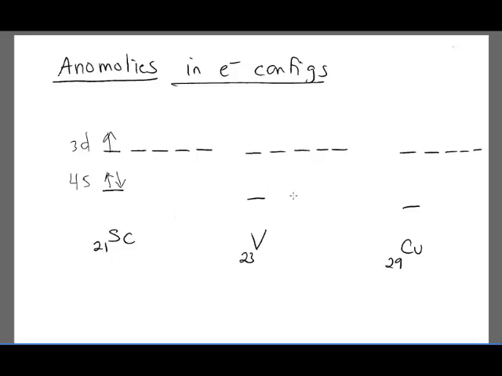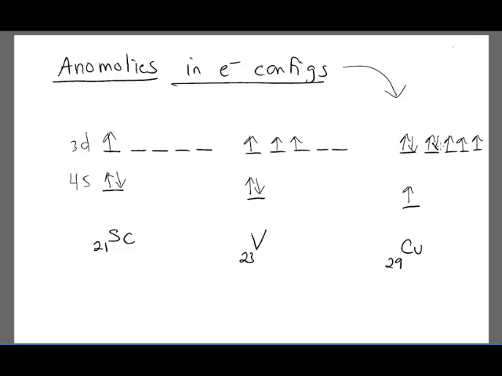Okay, but vanadium also follows it. It has 5 electrons left at this point. And it fills, as you'd expect, following Hund's rule and Aufbau. Copper is the anomaly. Okay, copper makes an anomaly. And what it does is it actually fills 1 electron in the 4s, and then it has a total of 10 other electrons.